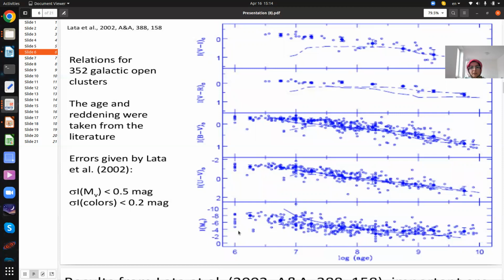Here you see the relation for 352 galactic open clusters. The age and reddening were taken from the literature, and you see the errors given by Lato et al. And you see the age and integrated dereddened colors. And you see there's a correlation between age and integrated color.